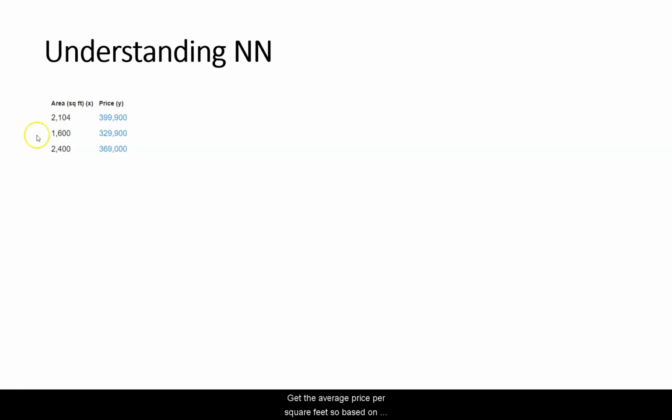Based on these records, you find the average price per square feet of these houses, and when we compute this average, it comes to about $180 per square feet.